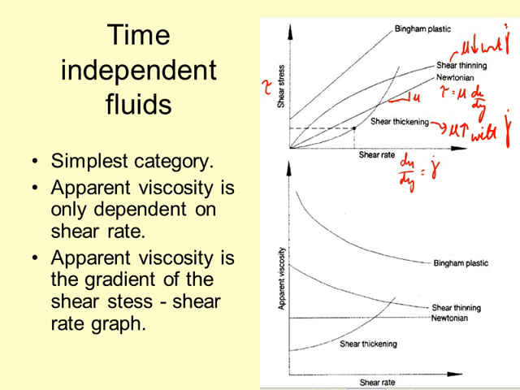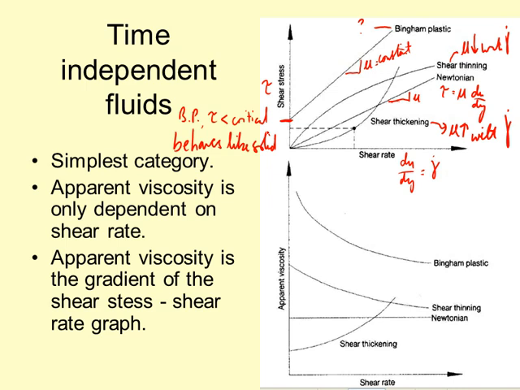The other one on top is called a Bingham plastic. That one is funny. It looks constant, but the funny thing here is that below a certain shear stress, when the shear stress is below some critical value, it behaves like a solid.